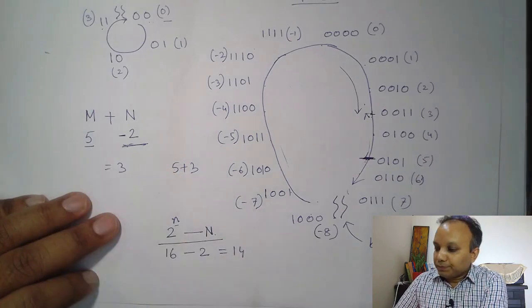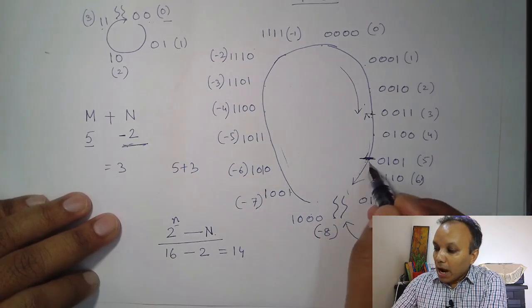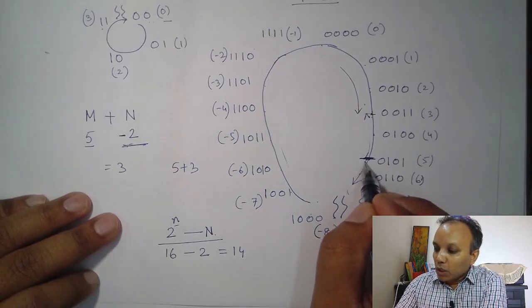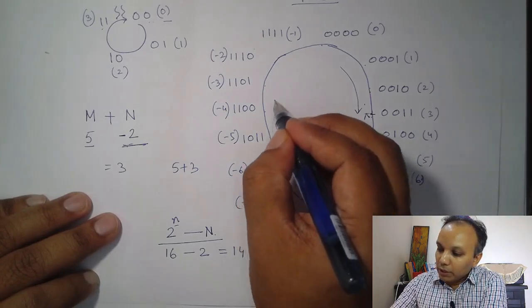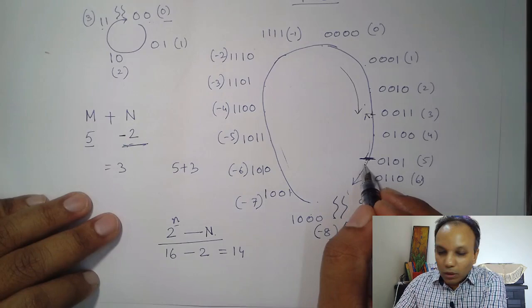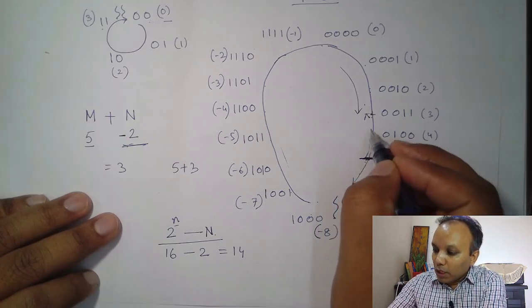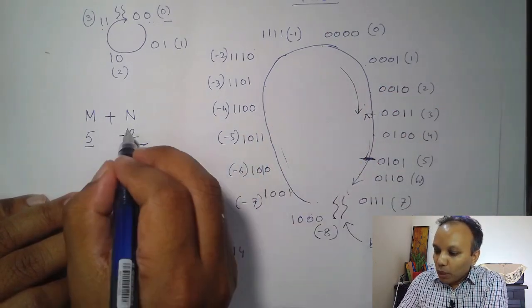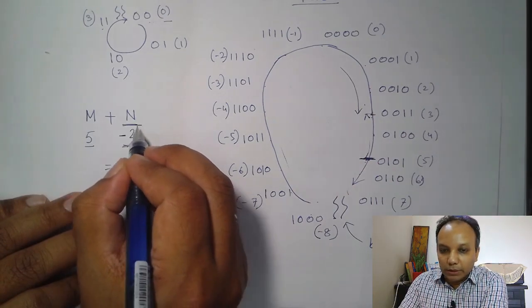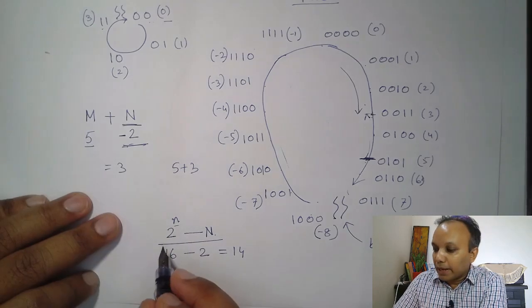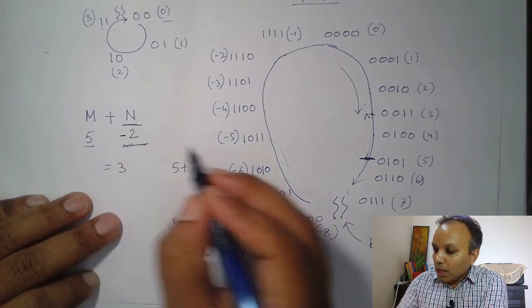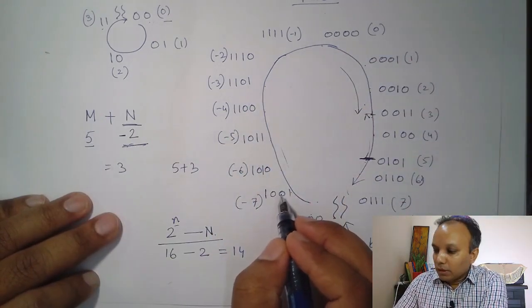Another very important observation here is that I can reach the same answer 3 by moving in the clockwise direction, but now I have to move the total number of steps in the number circle minus the absolute value of the number I am trying to add, which is 2. In the number circle there are 16 unique numbers.